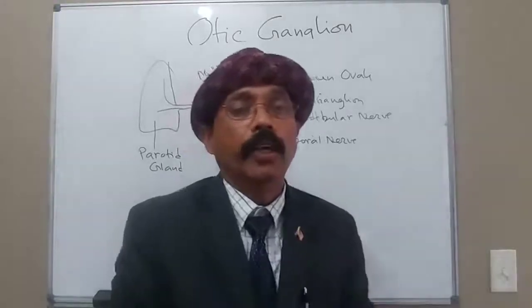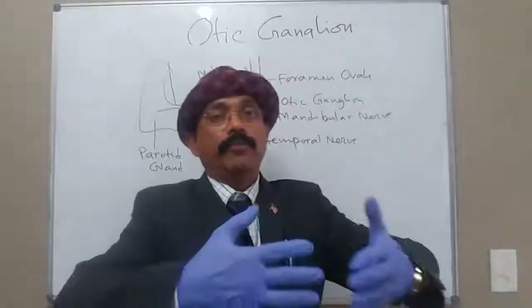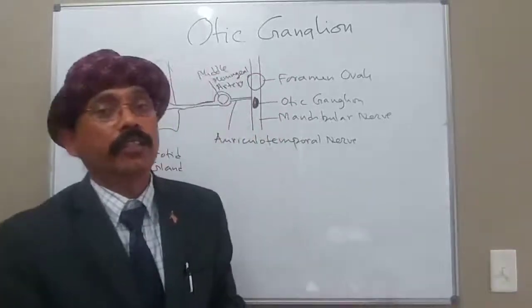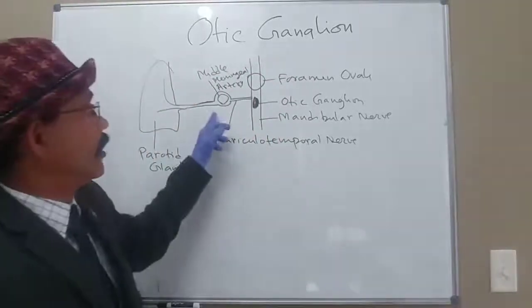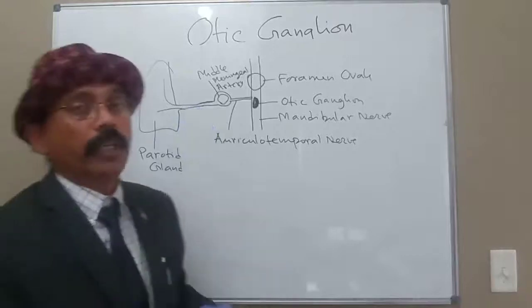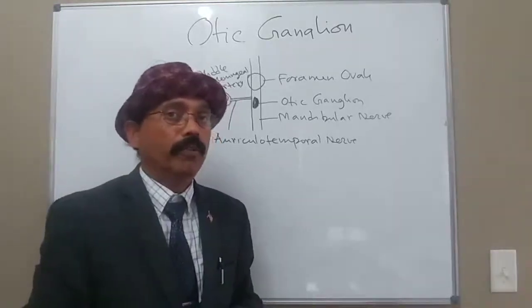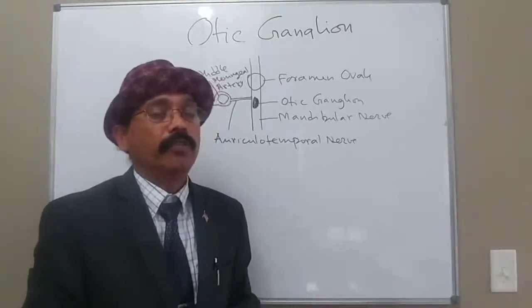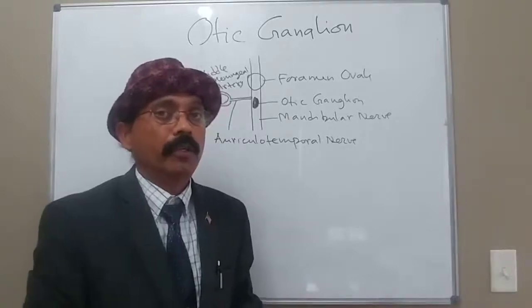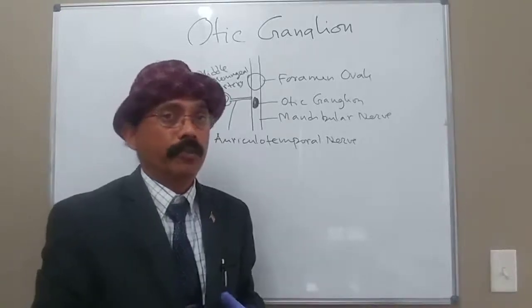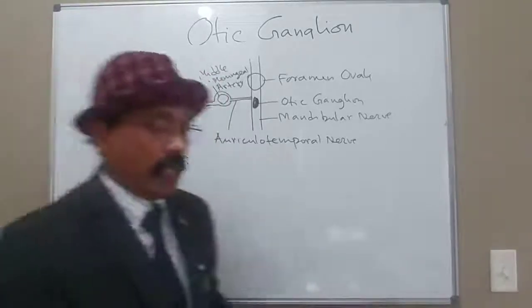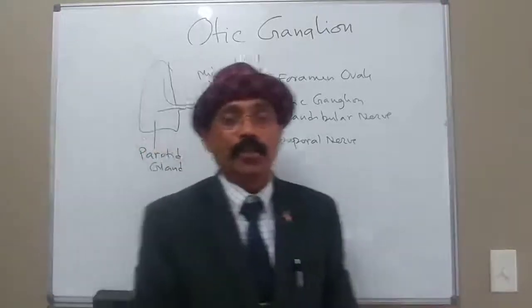Which nerve encircles the middle meningeal artery? The auriculotemporal nerve. The auriculotemporal nerve carries postganglionic sympathetic fibers, postganglionic parasympathetic fibers, and sensory fibers. Okay, and that's all about the otic ganglion.